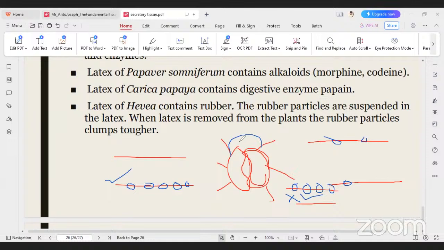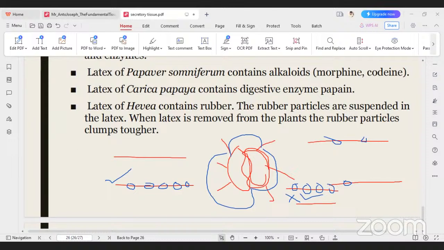One is smaller, remaining are larger. One is larger, one is medium. Like this. So this is anomocytic. Anomocytic means irregular. There is an irregular shape. That is called anomocytic.